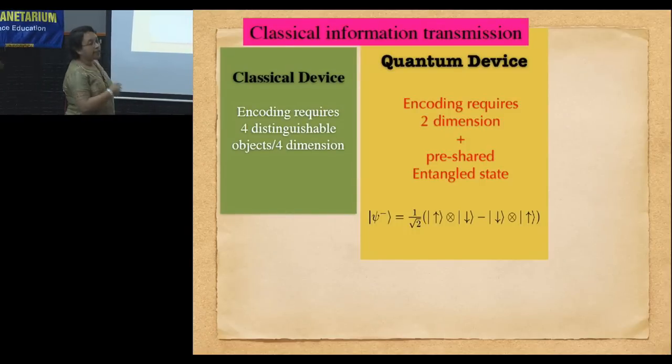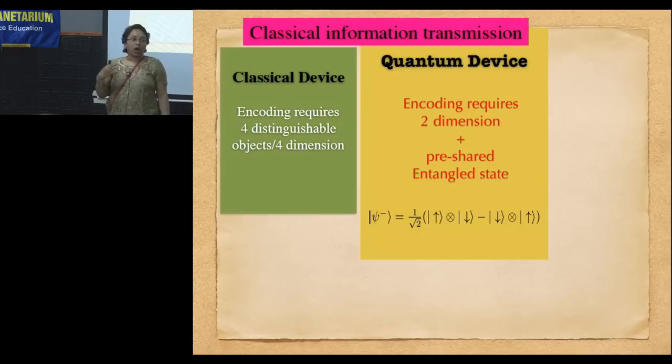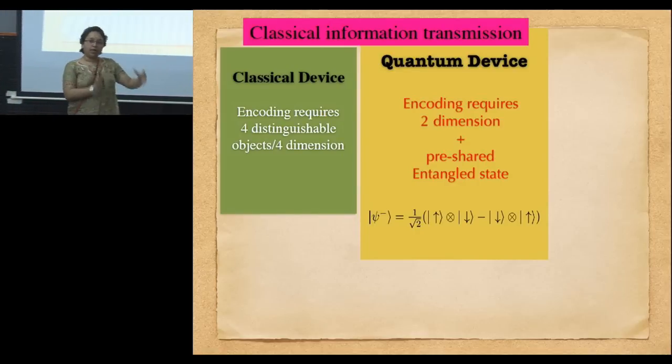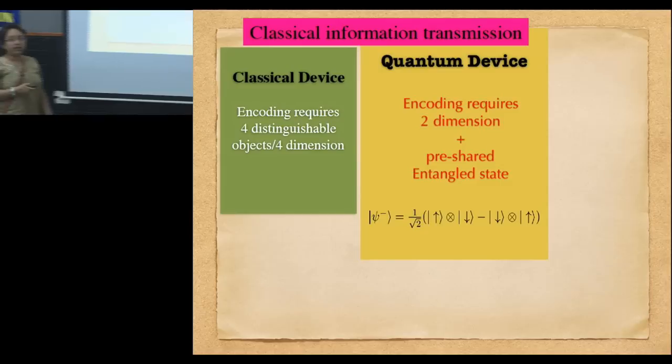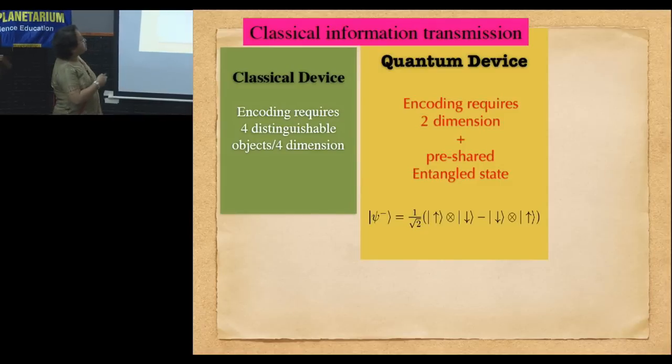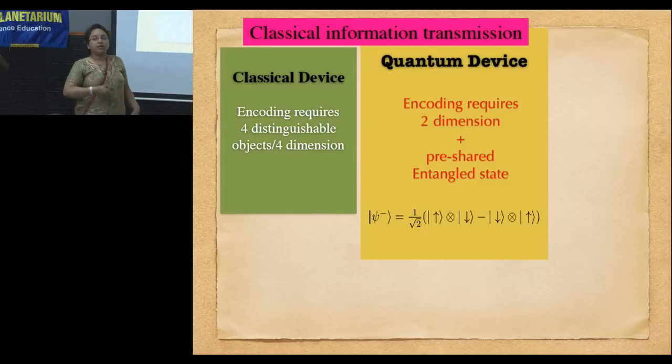One can show that the encoding by using quantum states can be done in a smaller system if you use a quantum device compared to a classical device. And this is important because this is also related to the resource that you are using.